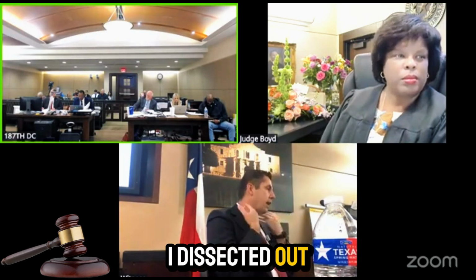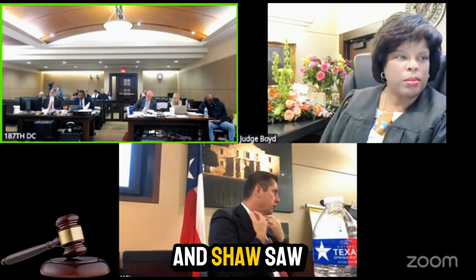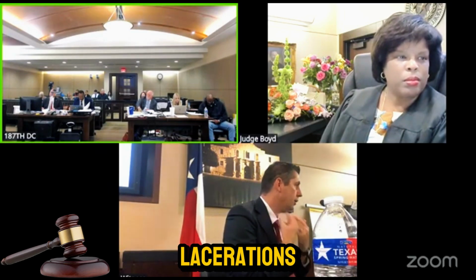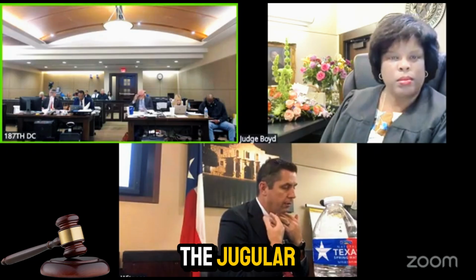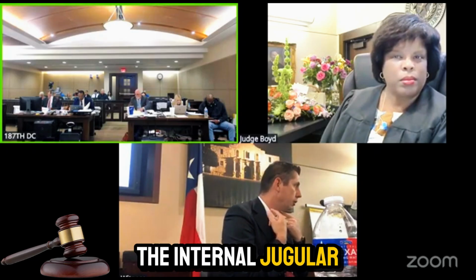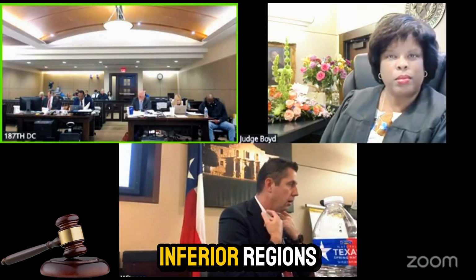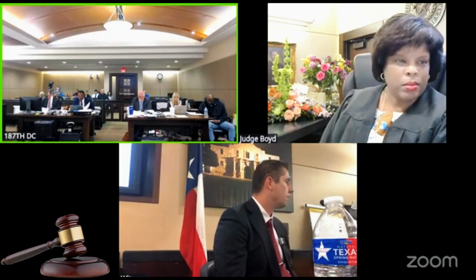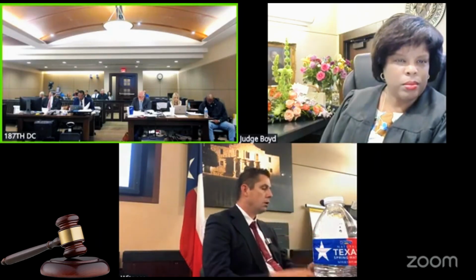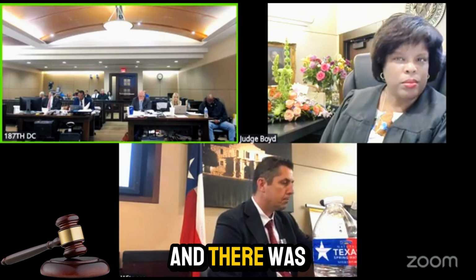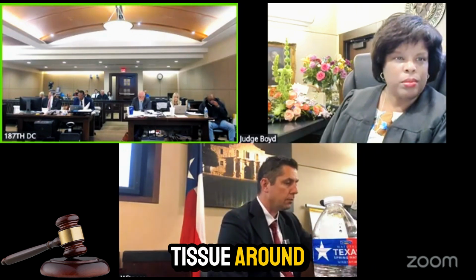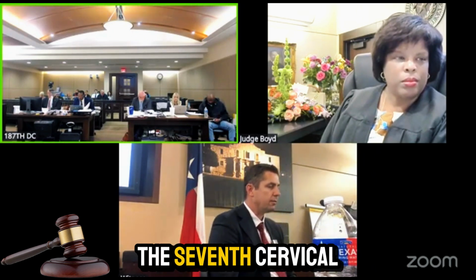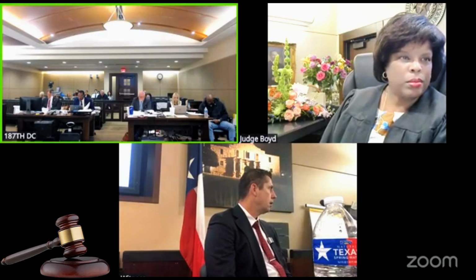I dissected out the blood vessels of the neck and saw that there were lacerations or tears of the internal jugular veins at their inferior regions, close to where they come out of the neck. Both of those had been torn. And there was hemorrhage into the tissue around the seventh cervical vertebra.